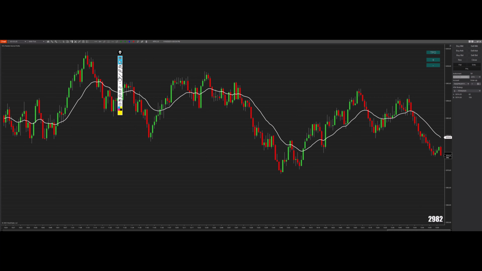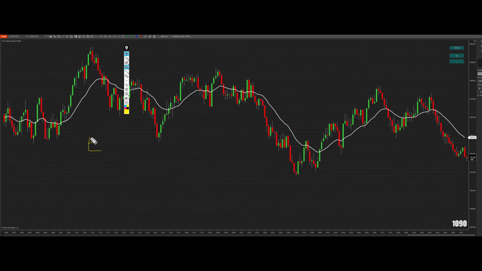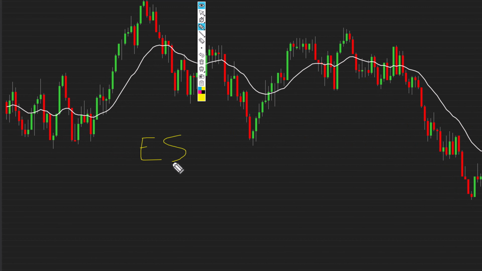So let's talk numbers real quickly here. In the futures market, everything is based on ticks, all right? So you are currently looking at the ES mini commodity, all right?